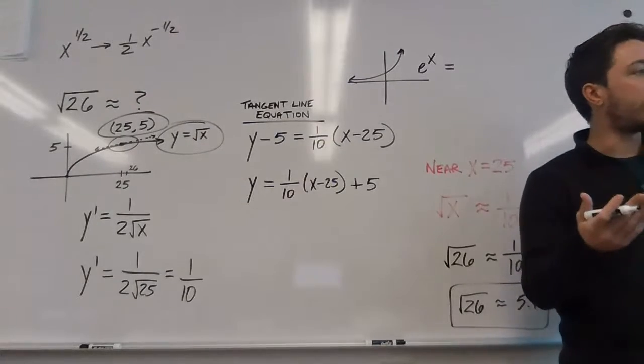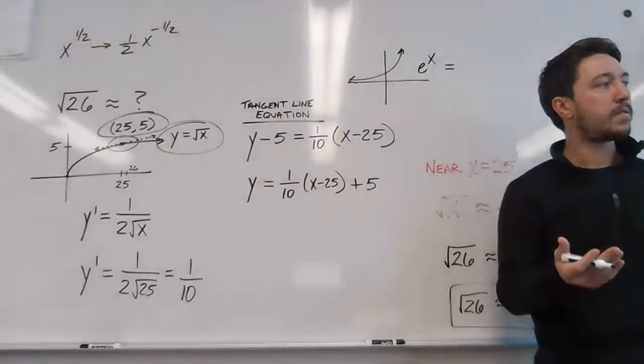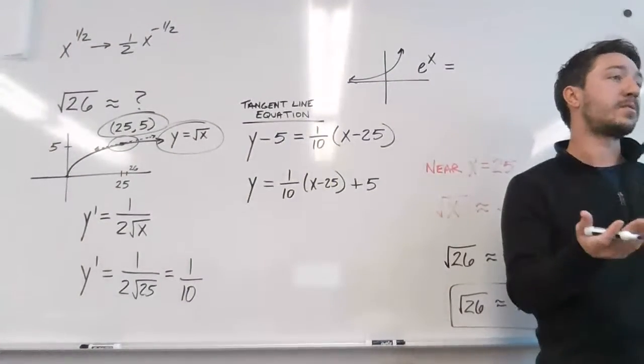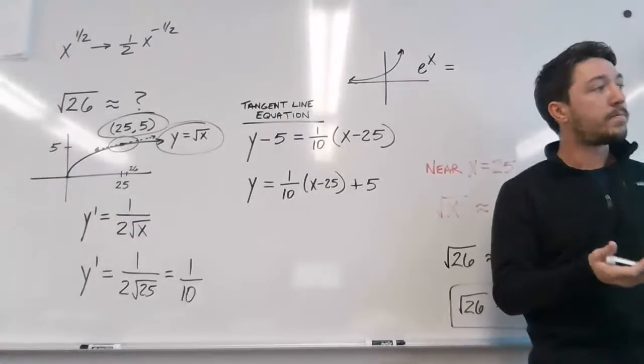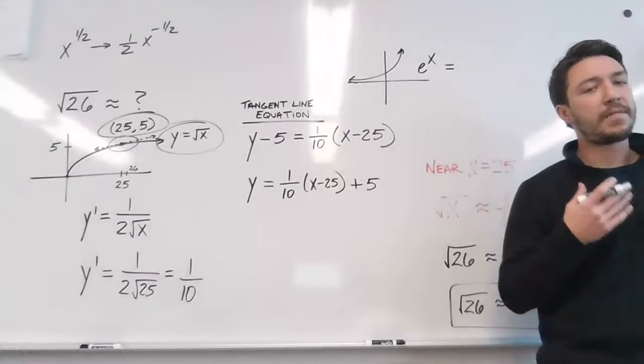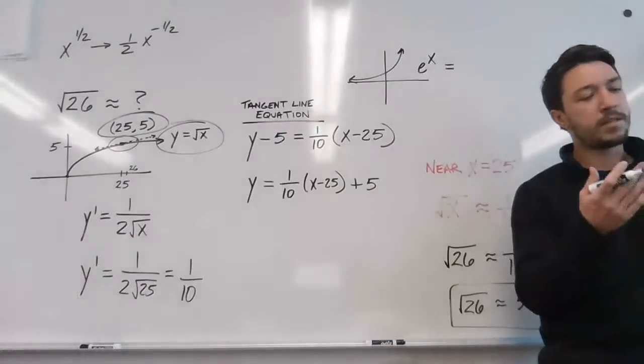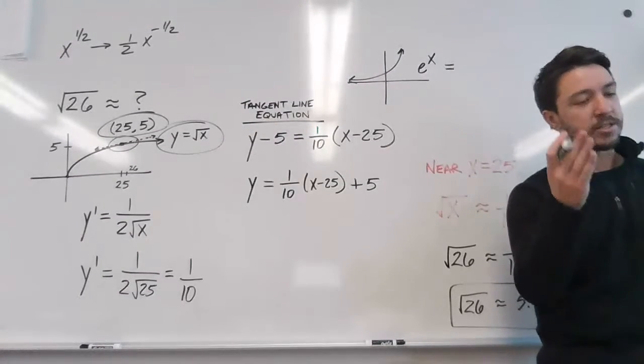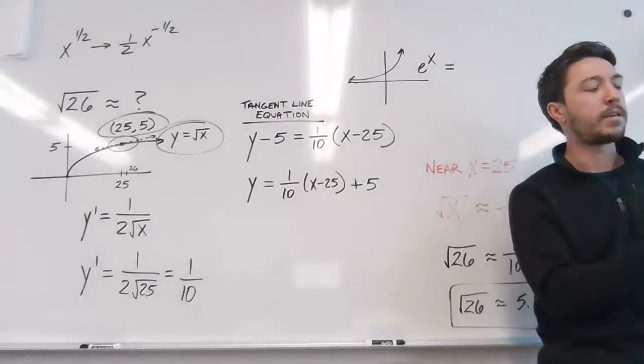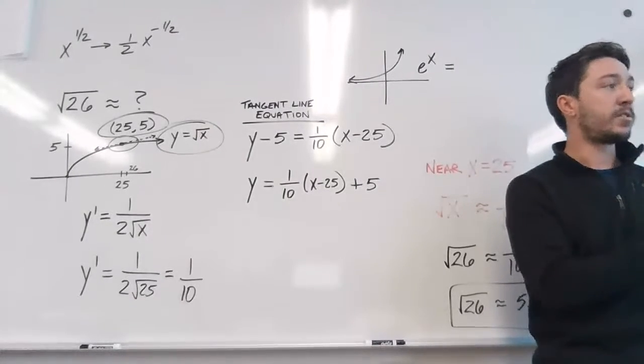And then Calc 3 would be a lot of three-dimensional stuff, like doing calculus on vectors. That's so exciting. But what happens at the fourth level? You typically don't have a Calc 4. Some universities might offer a Calc 4, but usually the classical progression goes Calc 1, Calc 2, Calc 3, and you take a class called differential equations.